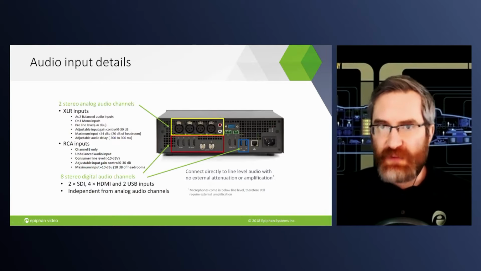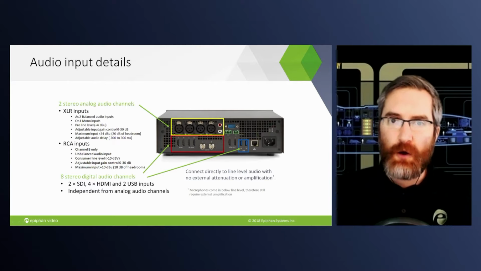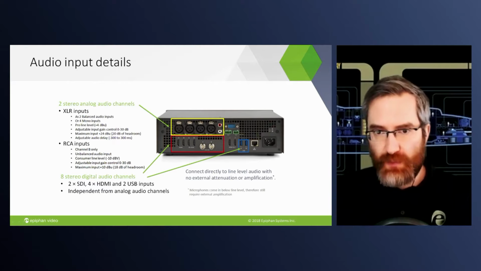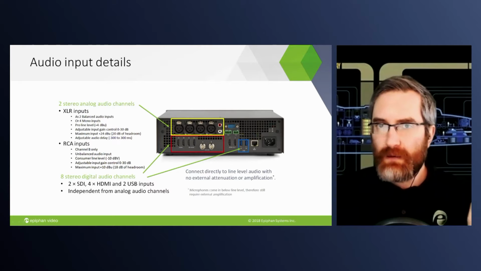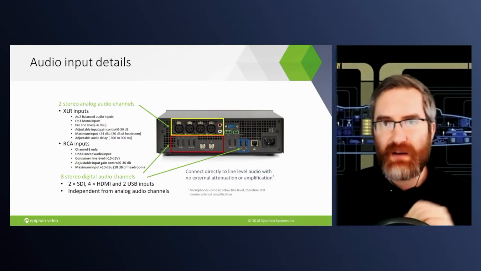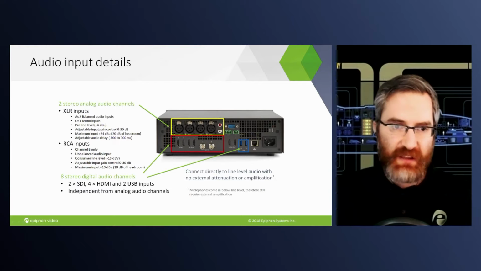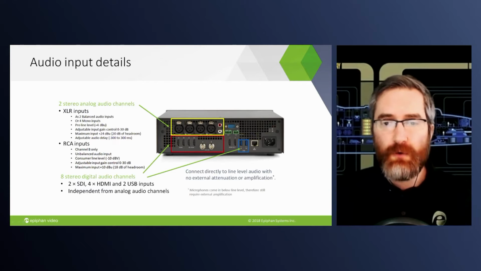Audio-wise, we also have the embedded HDMI and SDI, but we also have the XLR jacks. These are not combo jacks like on the Mini, and these are only line level. They are not microphone level inputs. So it needs to have a preamp or a mixer or something like that in front of it to bring in a line level signal. Typically that's Pro line level plus 4 dBu.